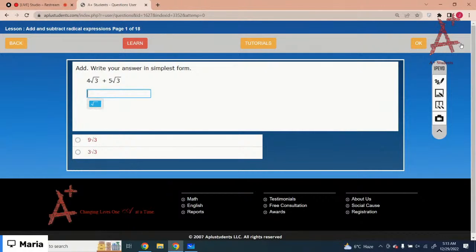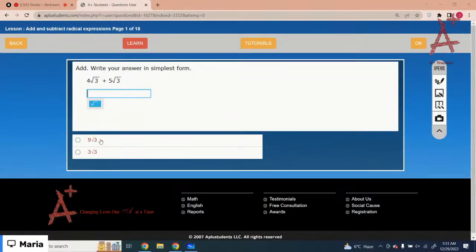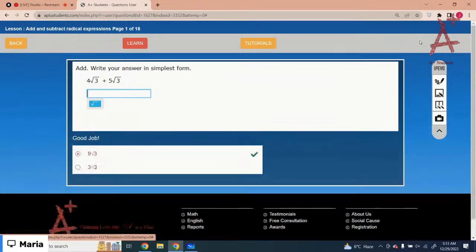So they have the same square root value, that would be square root 3. So just take out square root 3 common and you're left with 4 plus 5. Got it? So 4 plus 5 is 9. So you can write it as 9 square root 3. Got it? So the correct option is option number 1. 9 square root 3 is the correct option. So just select the correct option, then click on the OK button.